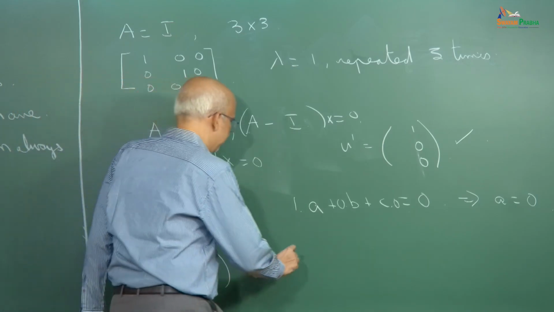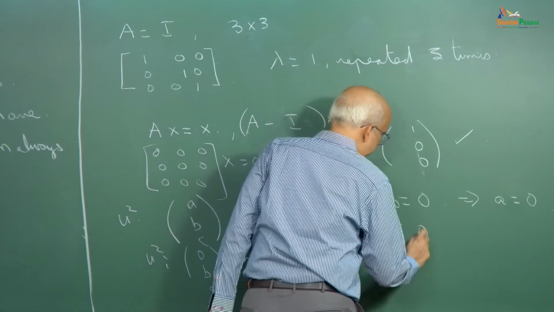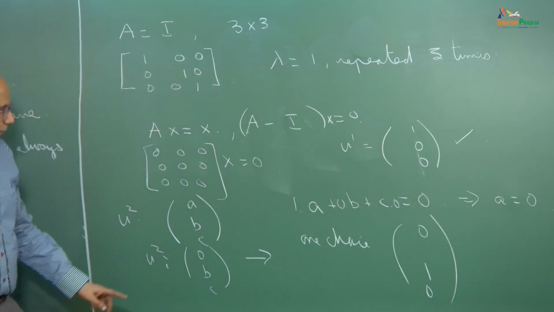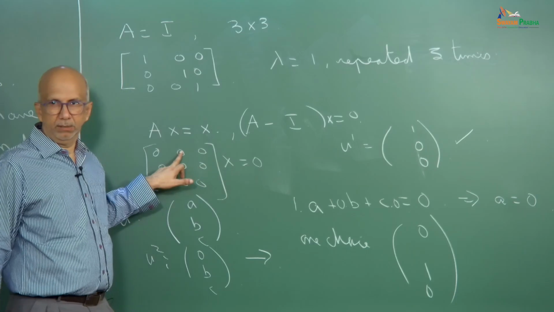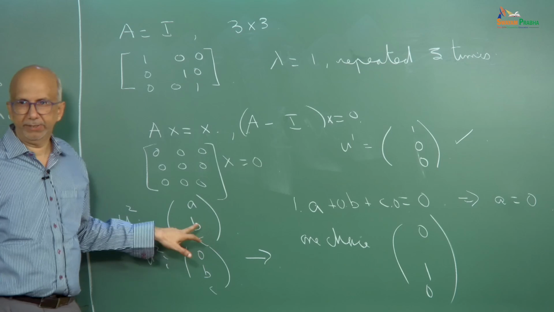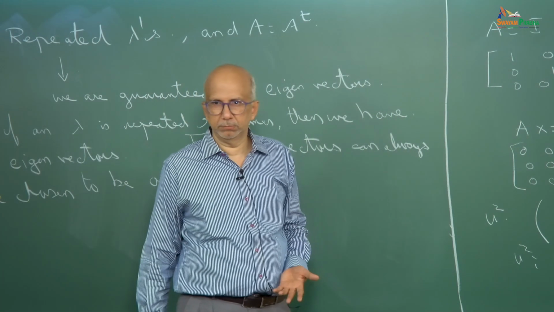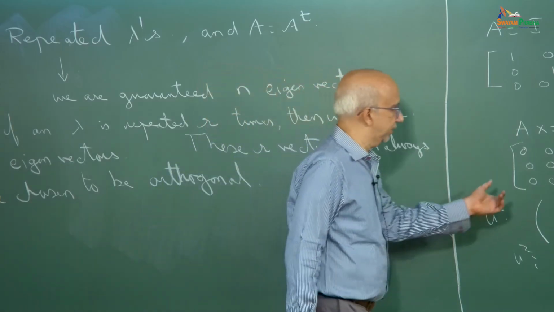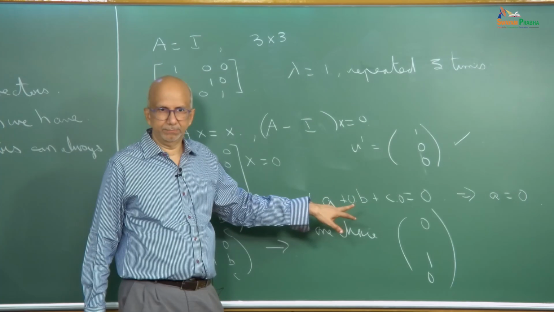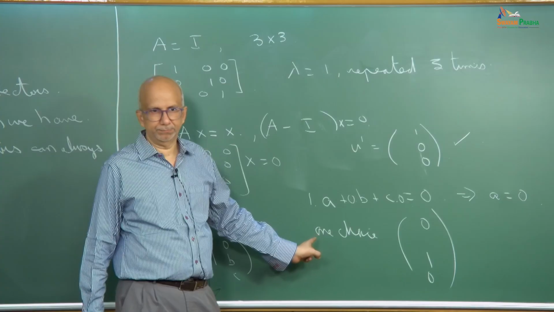So one choice is 0, 1, 0, because this guarantees orthogonality, and it also guarantees that this equation is satisfied. You can have some other choice if you want. Now the third eigenvector you can choose to be orthogonal to the first and second, and to satisfy the equation.